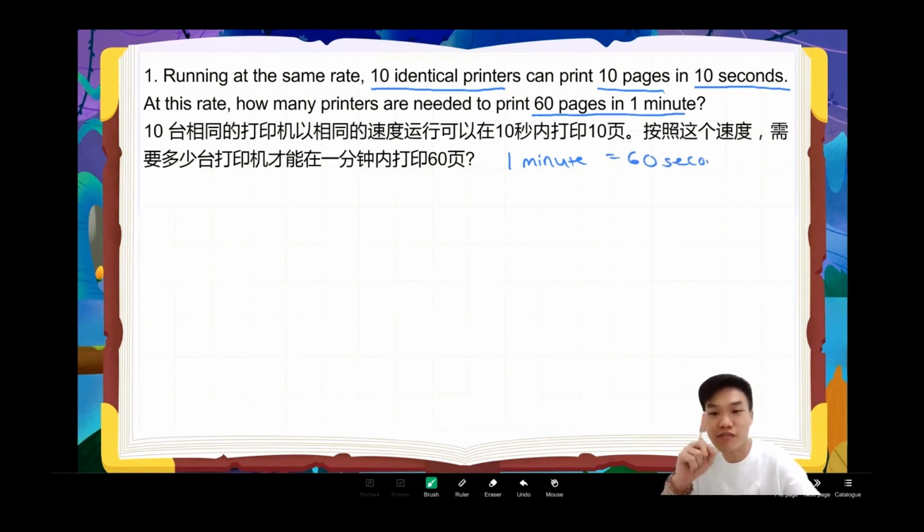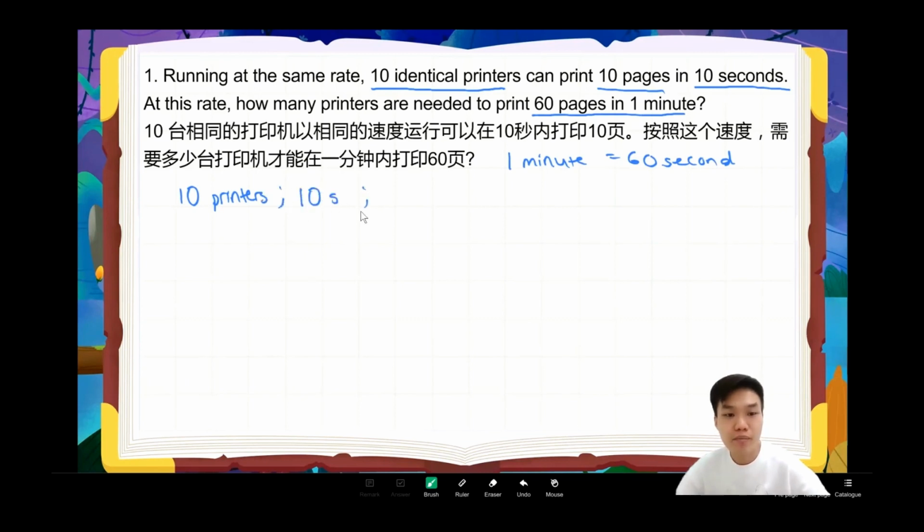So this is the first conversion we need to do, which means how many printers are needed to print 60 pages in 60 seconds? Let's write down what the question told us first. 10 printers in 10 seconds can print 10 pages.